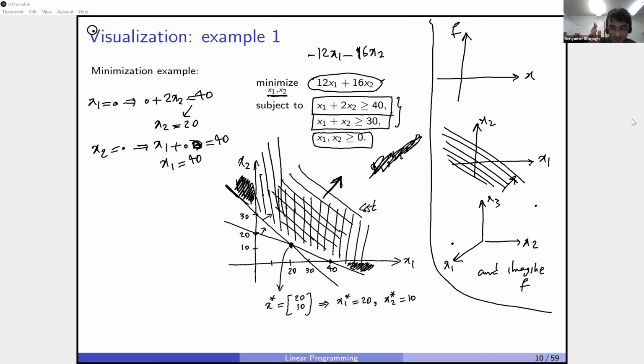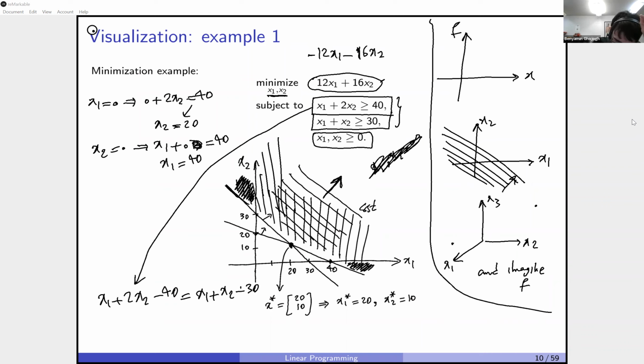And for visualization, you can equate this equation to this equation to find the solution. How? x1 plus 2x2 minus 40 equals x1 plus x2 minus 30. These will cancel out. x2 equals 10.